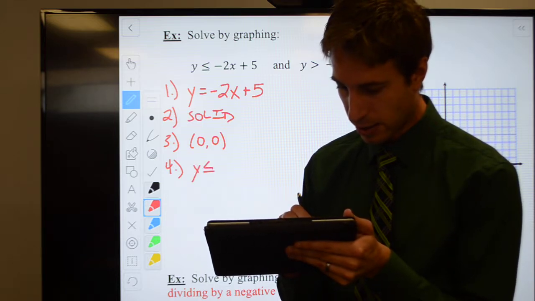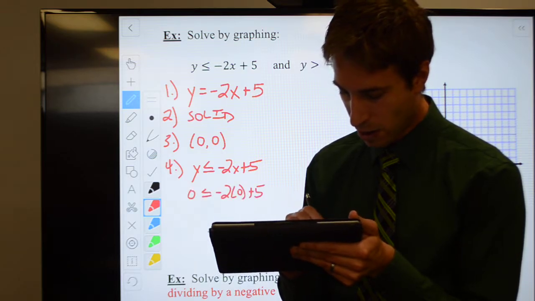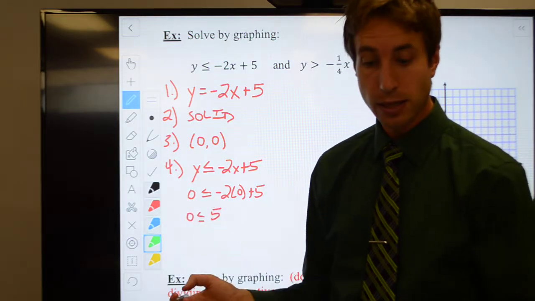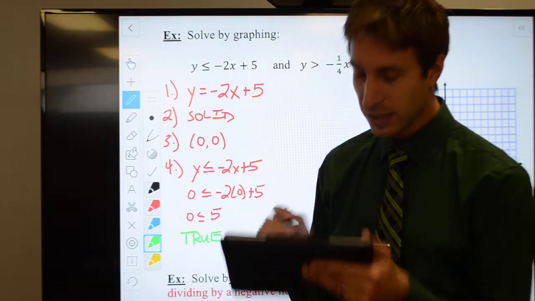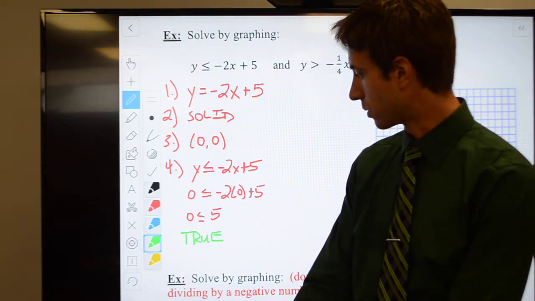So y is less than or equal to negative 2x plus 5. Plug in your zeros: 0 less than or equal to negative 2 times 0 plus 5, which means 0 is less than or equal to 5. True statement? Yes, it is.